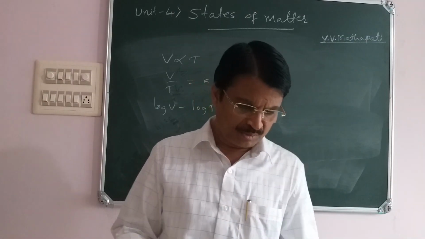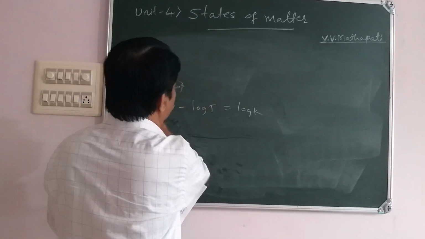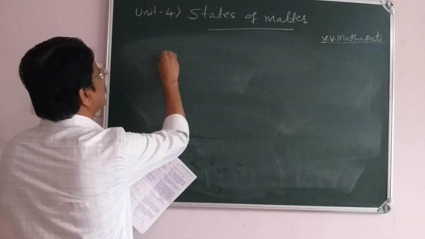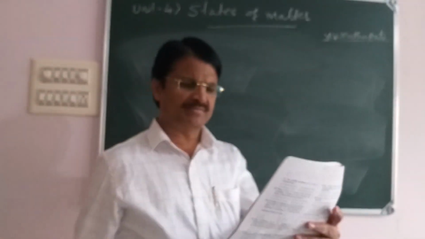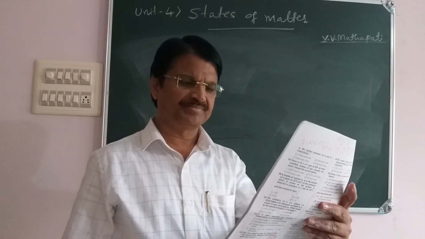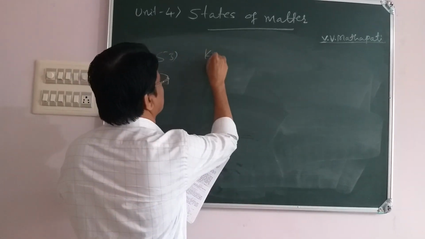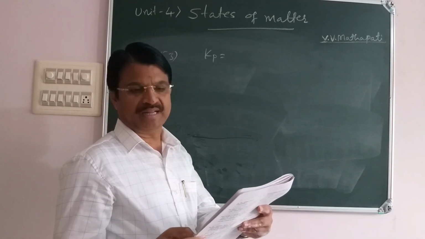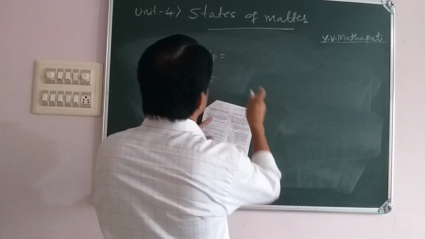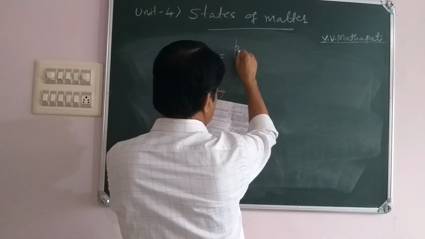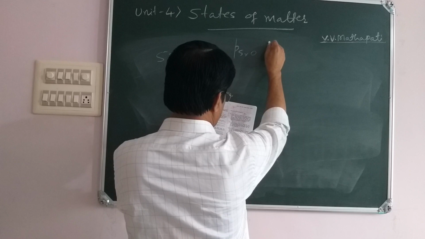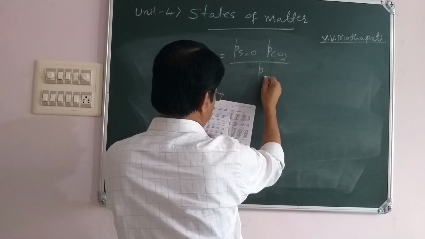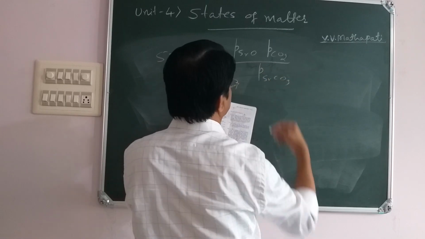2017 paper. The question seems to be lengthy, question 53. But it is an easy question based on equilibrium. First you write the equilibrium formula, Kp equal to product by reactant. Partial pressure of SrO into partial pressure of CO2 by partial pressure of SrCO3.